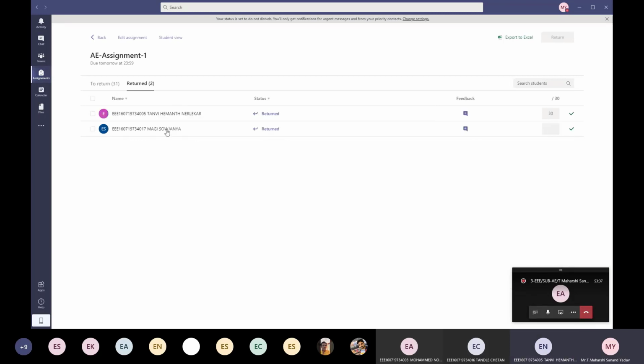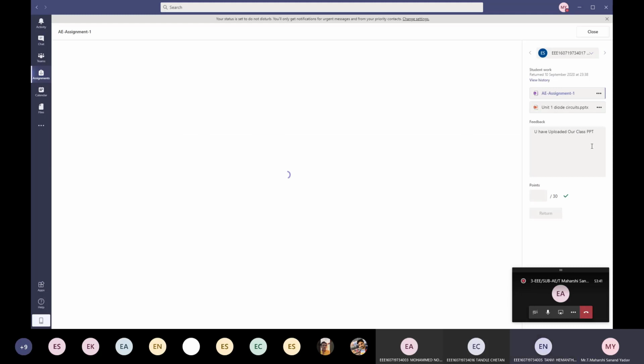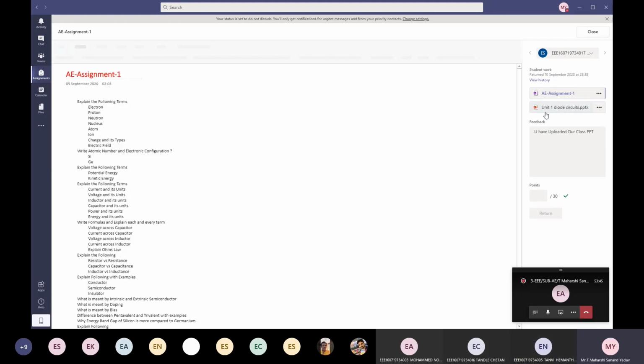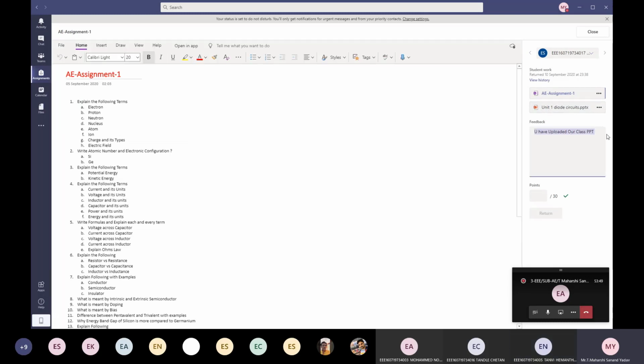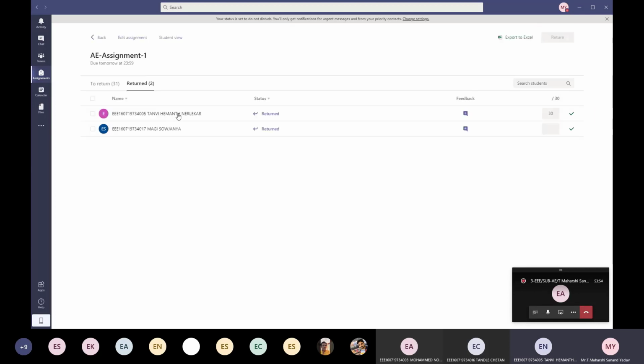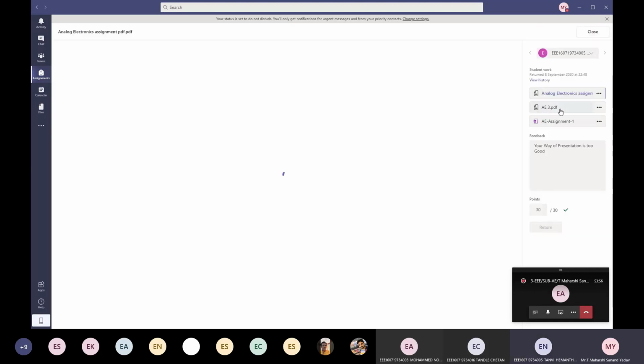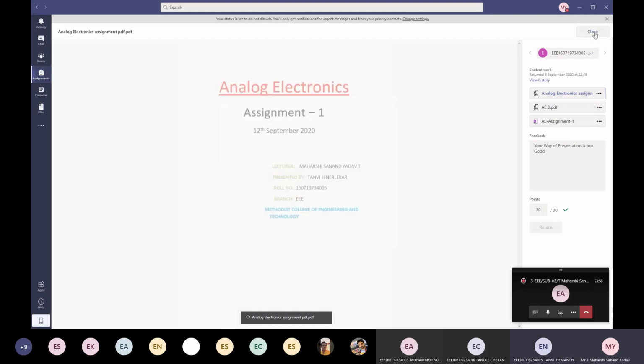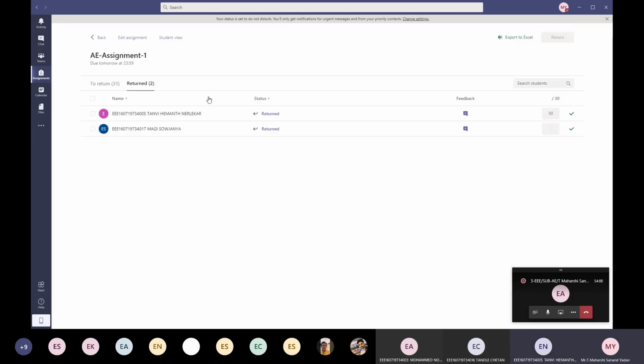In that, by mistake, Saujanya has written the PPT, I guess. If you submit your assignment, it will show like this to me. Roll number 17 submitted it by mistake. I got the assignment of Tanvi, she already submitted. So I expect the same from others also.